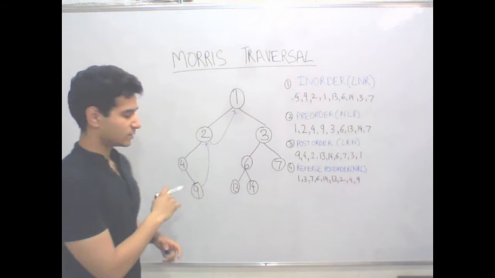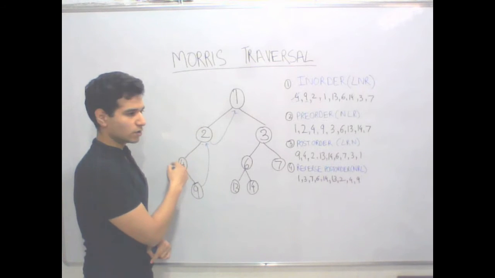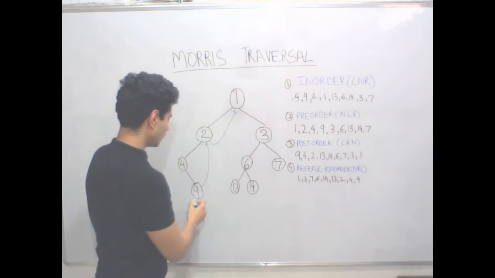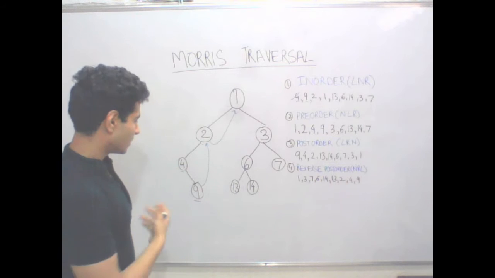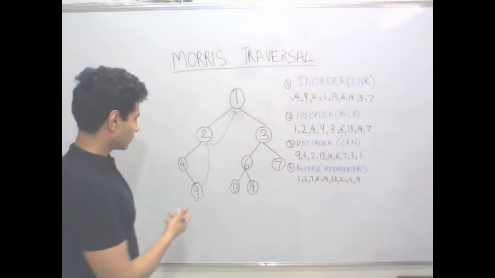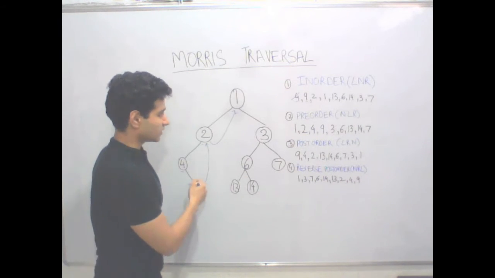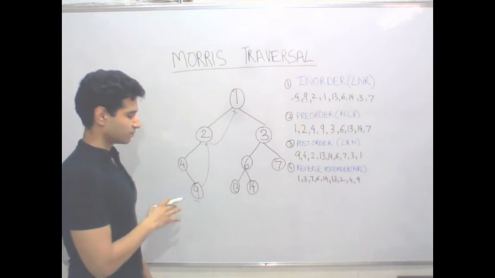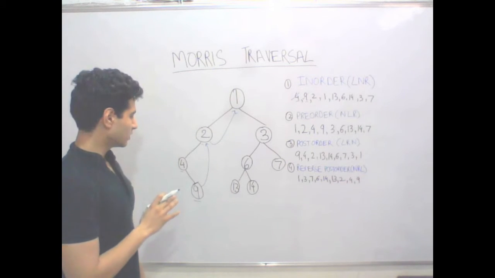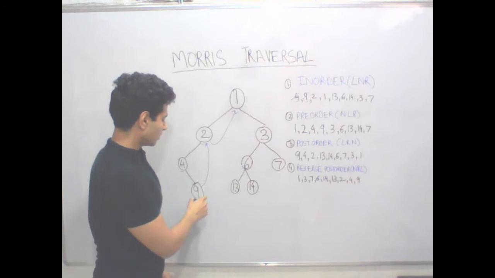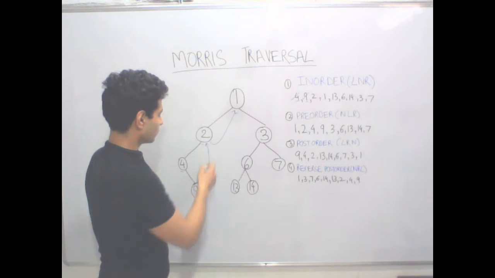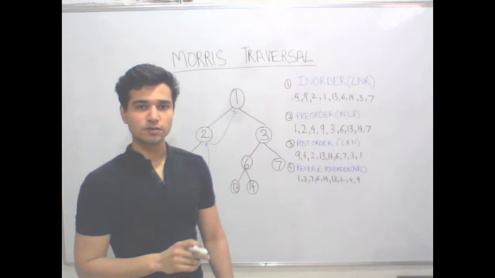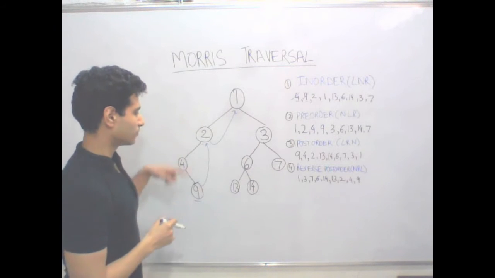Now we are at 9. 9's left is also null, so we store 9 in the result, and for its right, we go back to 2, because 9's right has been assigned to 2. In this way we can go back to 2.